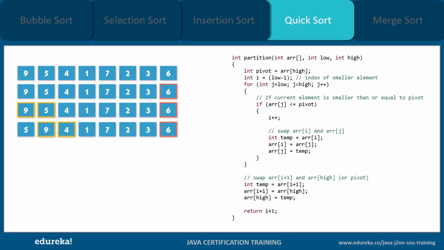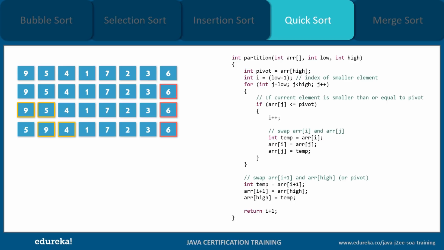And now I am again iterating on the jth index, and I have incremented the i index as well. So let's say initially I was pointing to this guy 5, but when we did a swap on 9 and 5, we incremented the variable i as well.